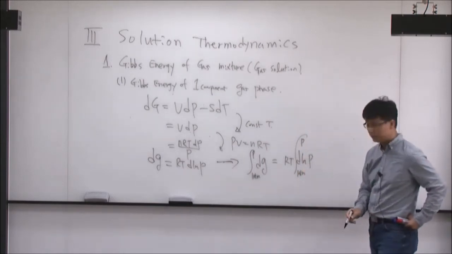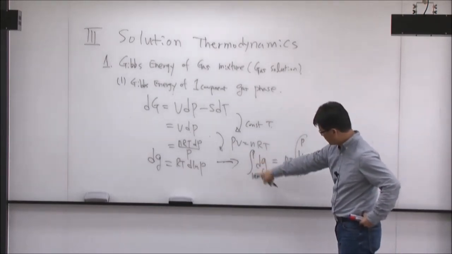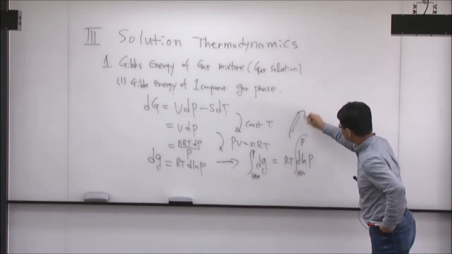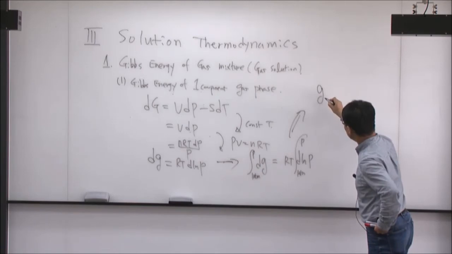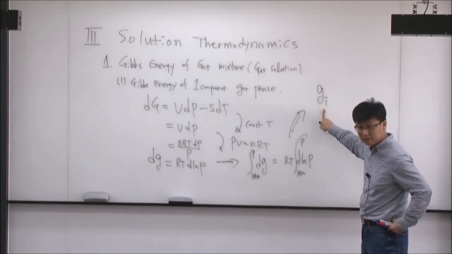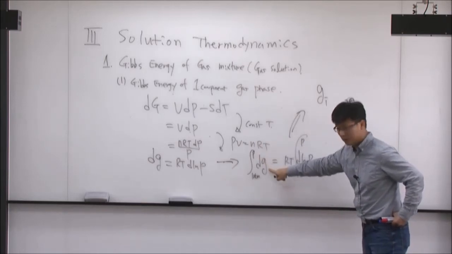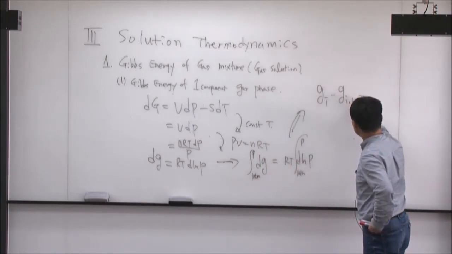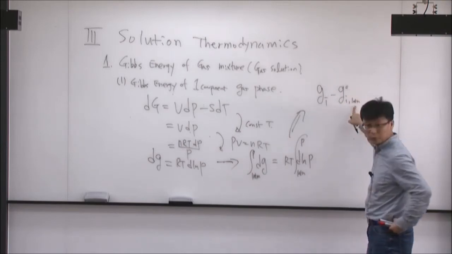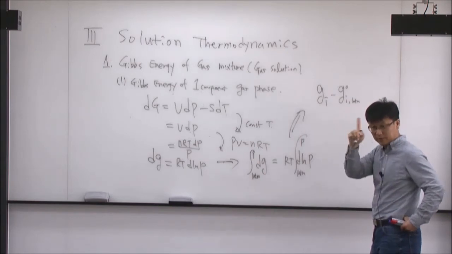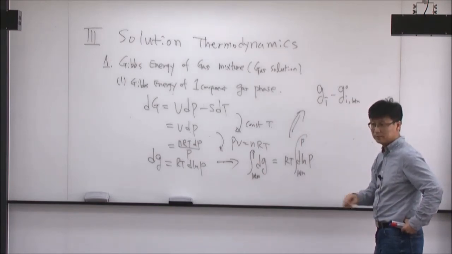This means the Gibbs energy of the gas phase i at a certain pressure, minus the Gibbs energy of phase i at 1 atm pressure, which is basically the pure standard state Gibbs energy.